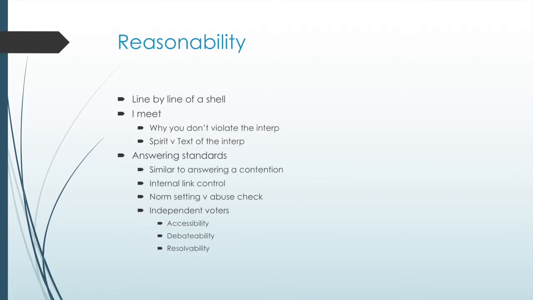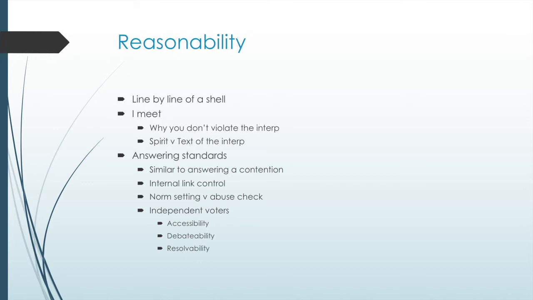So now let's talk about the reasonability side. I think it's helpful for people to think of reasonability as line by lining a shell. It's basically just going through and explaining why the individual arguments that your opponent makes are flawed, just like we would for a standard case. There is a specialized type of argument that falls under the realm of reasonability that is really important.